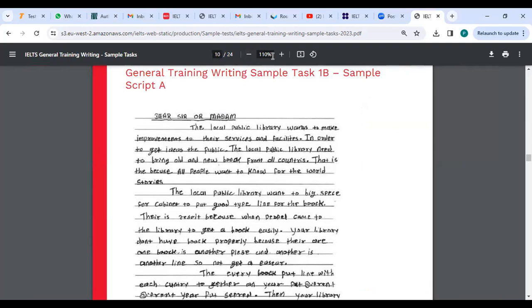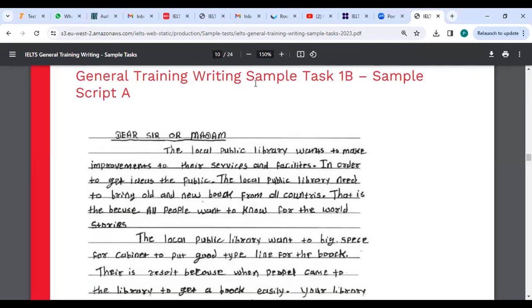Let me increase the font a bit so that those of us who don't have good eyes can see. I'm going to call somebody I know who does not have good eyes like me. Dorothy, good afternoon. Good afternoon, sir. Your eyes are good, I know.